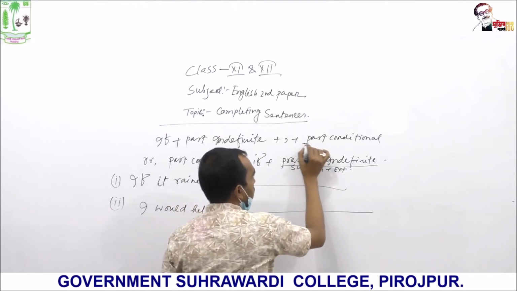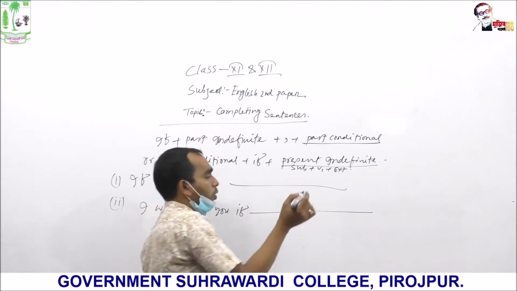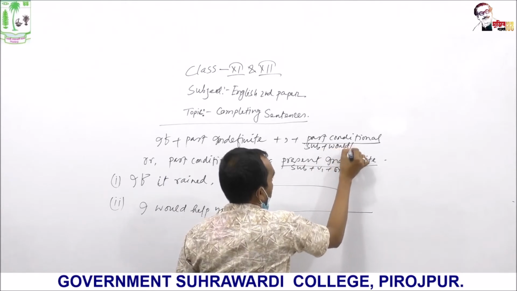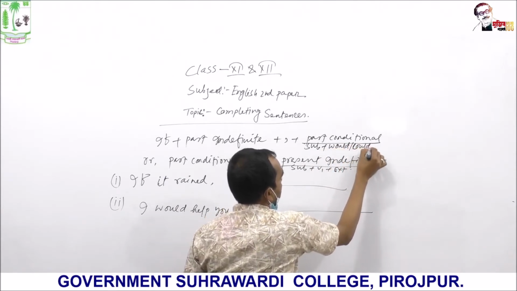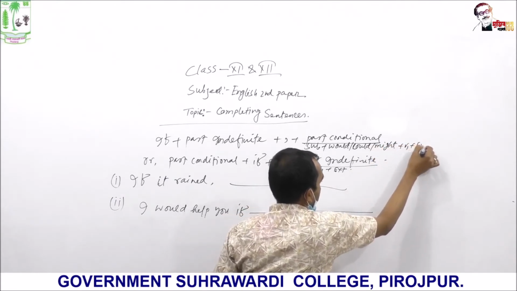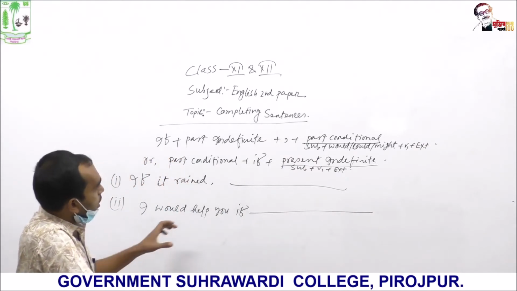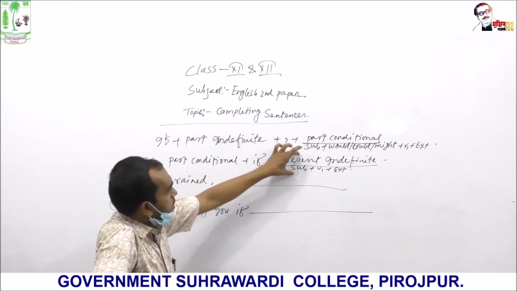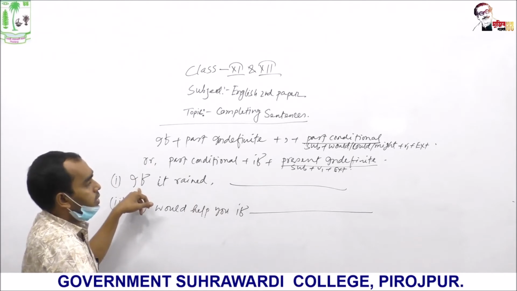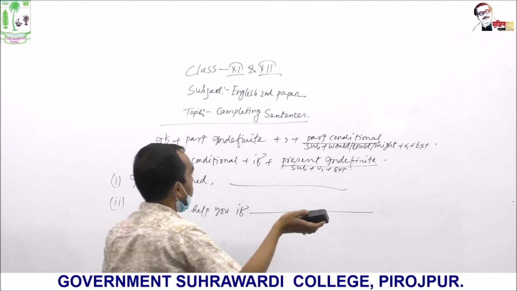And what would be the structure of past conditional? I am going to write that subject plus would or might plus V1 plus extension. That means if is used at the beginning of a sentence, sorry, I have written something wrong, please.